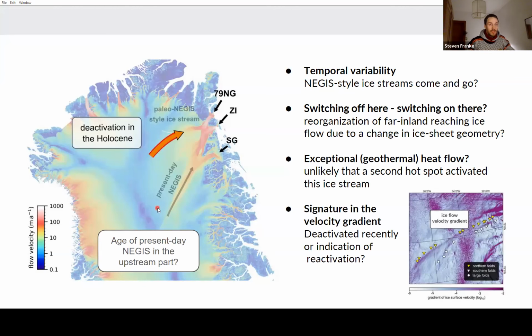And then, as I mentioned, we have our gradient in the ice surface flow velocity. And for us, there are two types of explanations. It could mean that the ice stream deactivated much more recently, and this is some sort of remnant feature. Or maybe the other way around, that this is an indication for some sort of reactivation.